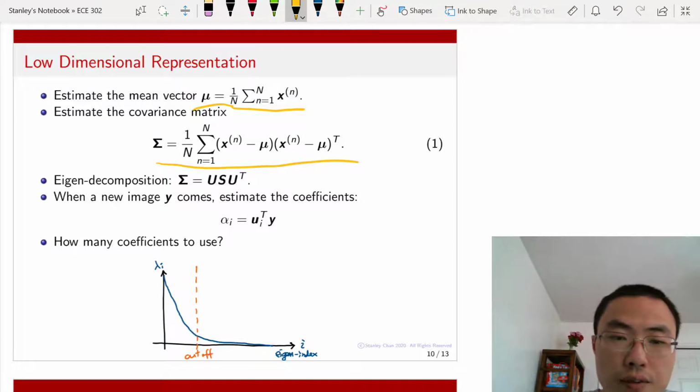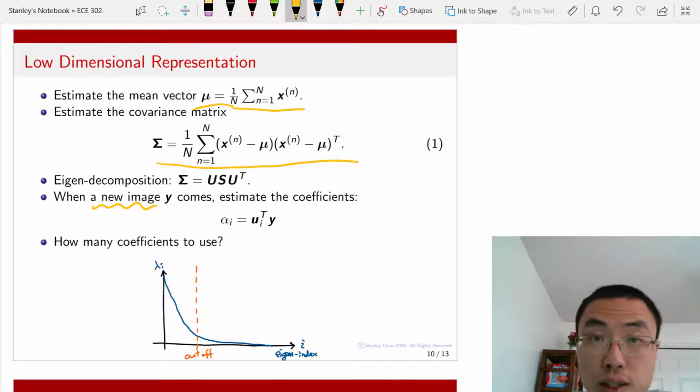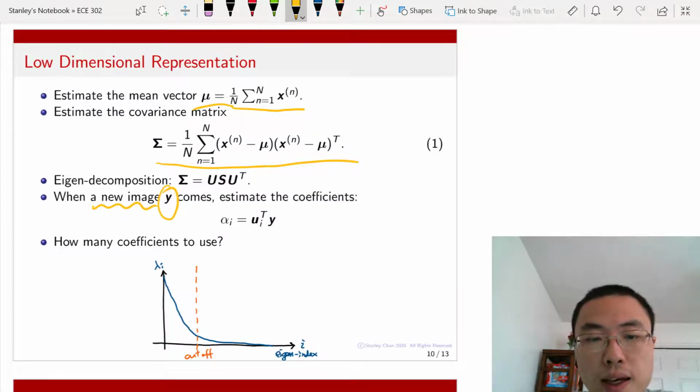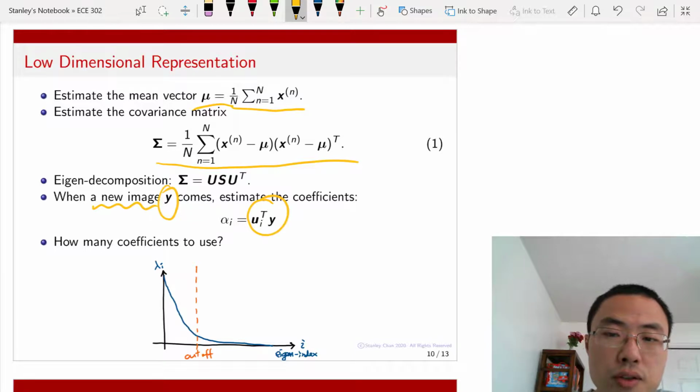Let's say I have a new image Y, an image that has not been inside the training set. I take this image, I call it Y, and then I can compute the coefficient. The coefficient is defined here as u_i transpose Y. So let's say I have a new image Y here.